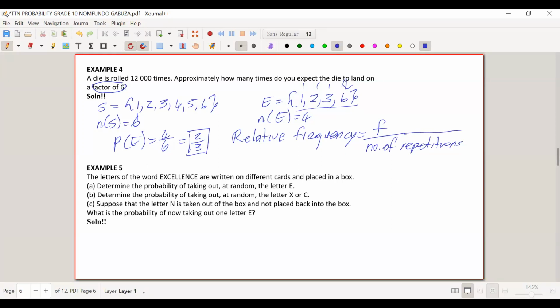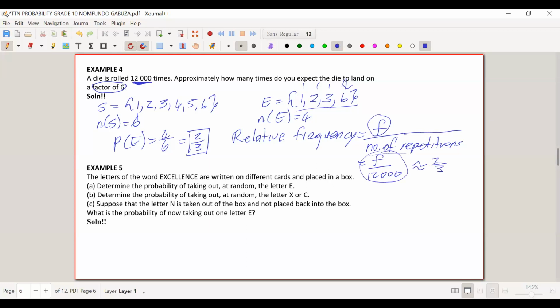Currently we don't have the frequency, but we do have the number of repetitions because it was given in the statement. So instead of the number of repetitions, we have 12,000 over here. Then this should approximate the theoretical probability.